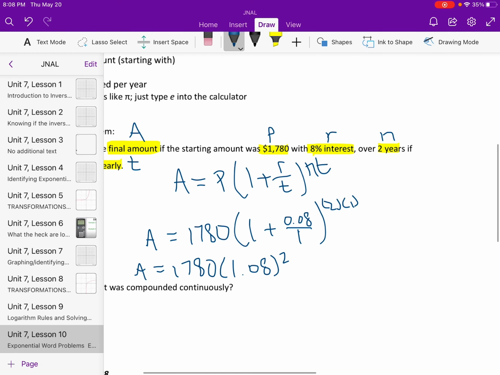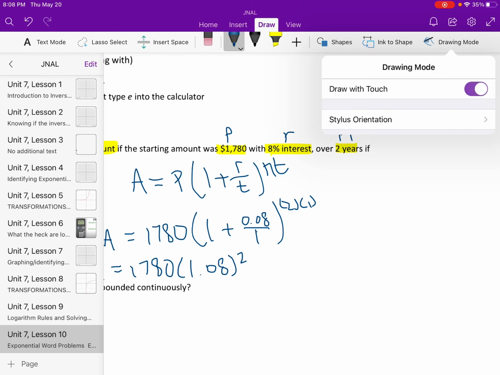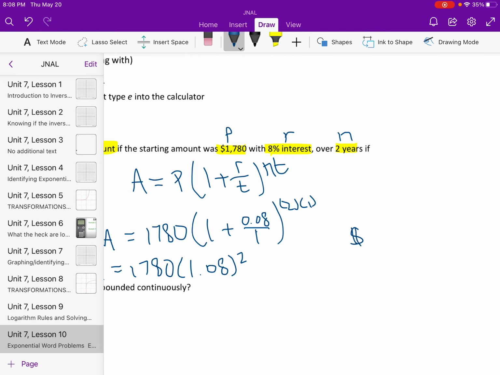It doesn't say that, but obviously there's no cracking a penny in half, so just round. The units are dollars, let's assume that because it says dollars there. The answer is approximately $2,076, and 19 cents if rounding to the nearest cent.